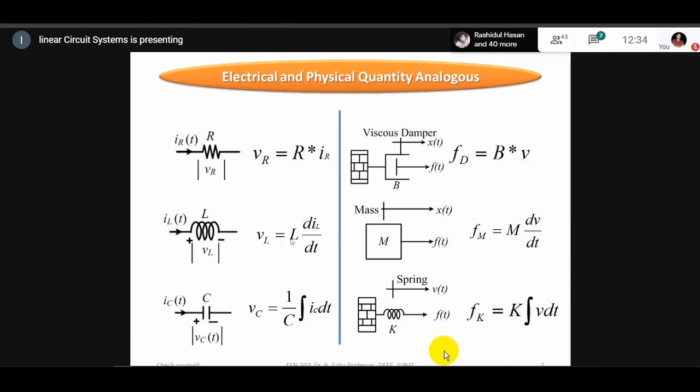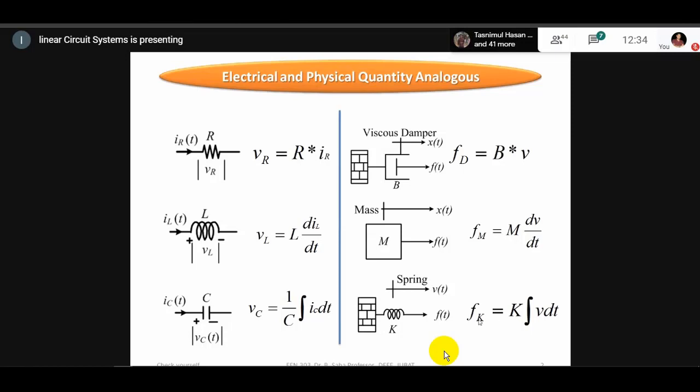Similarly, VL equals L dIL by dt. FM, the mass force, equals MA. Remember MA, right? A is the acceleration. A is the d velocity divided by dt. In the case of the capacitor, voltage is 1 by C integration of IC dt.